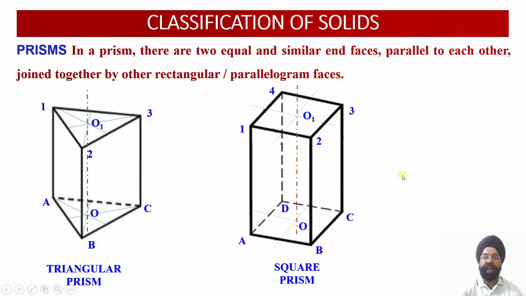Please see, in case of any prism, the number of points which have to be dealt with is 2n plus 2. If there is a triangular prism, then the corners of the prism are 3: 3 at the bottom, 3 at the top. So 6 points, plus 2 points of the axis, that is 2n plus 2.